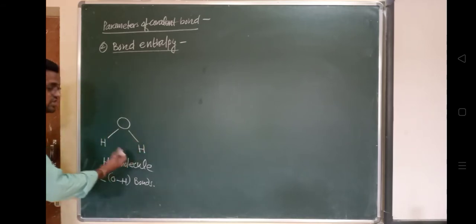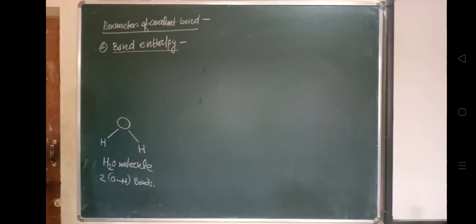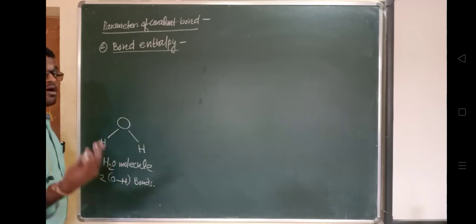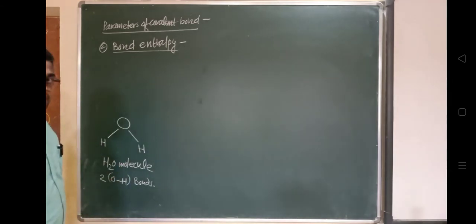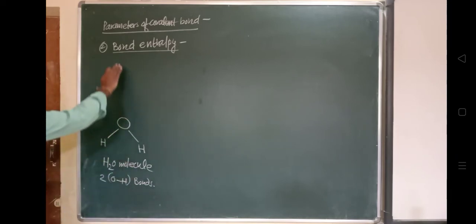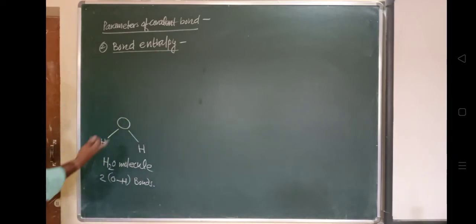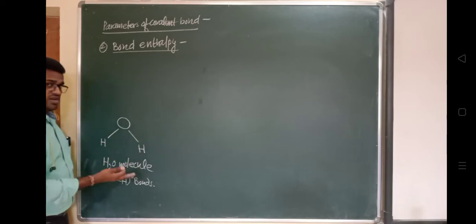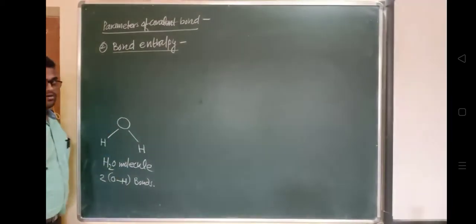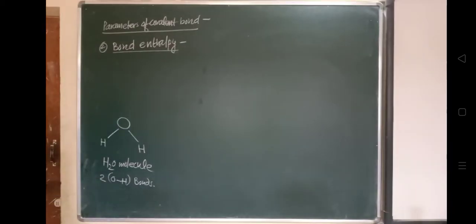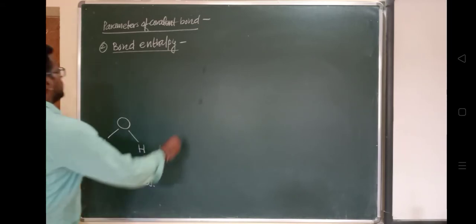So it is the amount of energy which is required to break a bond. Now, to break 1 mole of bond. Now why 1 mole of bond? That also I will explain.